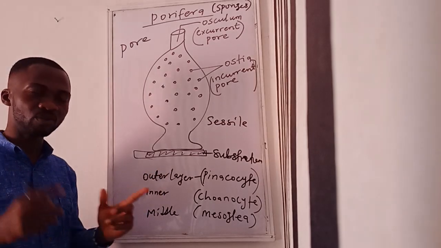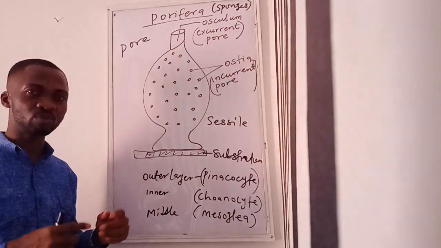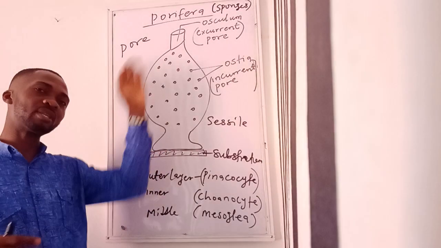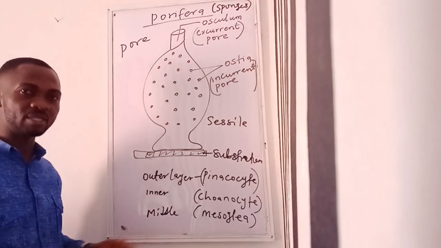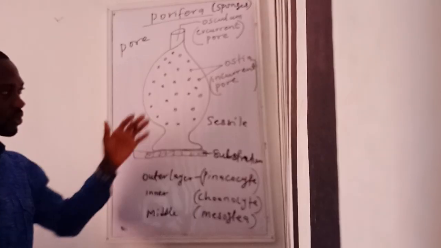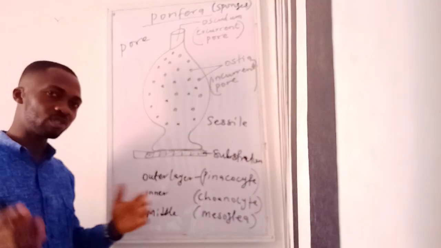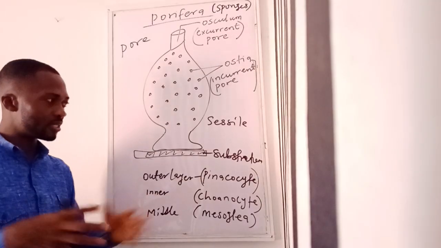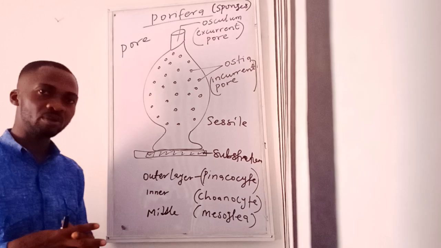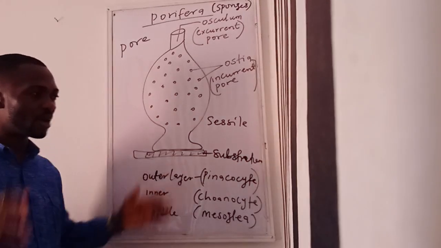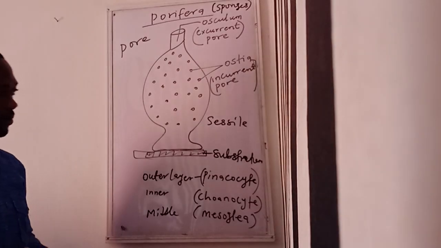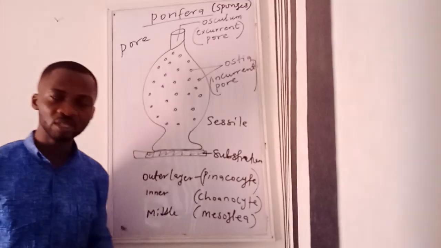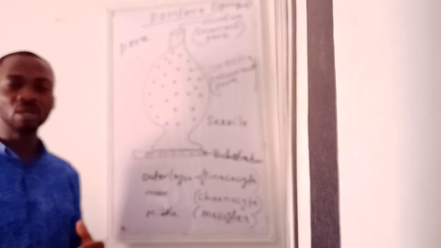The sperm released could also be carried by water to fertilize another organism in the neighboring environment. This organism is hermaphrodite. That means that both the male and the female sexual structures, the sperm and the egg, are produced within the same organism. For asexual reproduction, this organism can reproduce through fragmentation and budding.